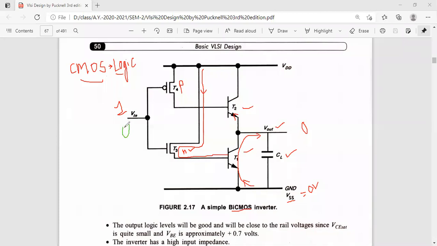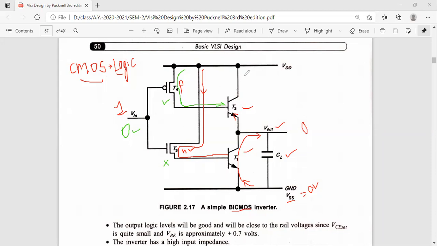Next, if I take a value of 0 as my input, at this point of time this NMOS transistor is going to be in the off state, but this PMOS transistor is going to be in the on state. I am giving an input of 0. So there exists a connection between VDD to T2 via T4. T4 is on, right? PMOS transistor will be on for a 0 volt input, right? There will be a connection like this.